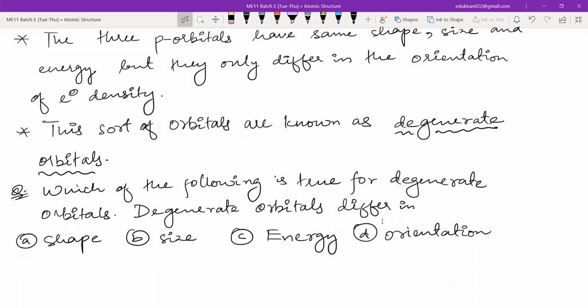Send the answer in chat for this question. Which of the following is true for degenerate orbitals?